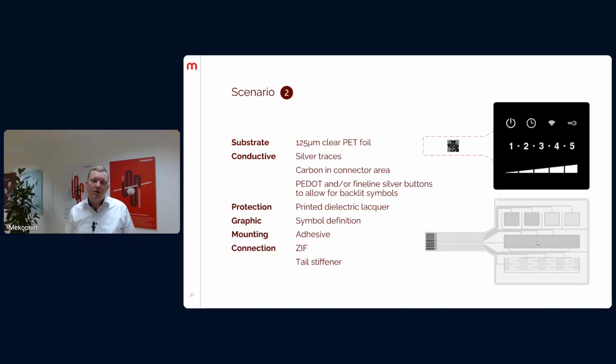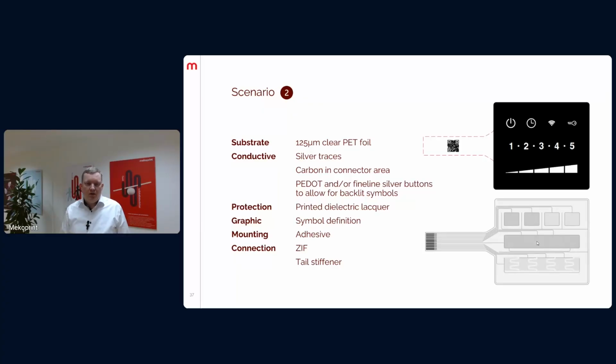So choosing again a 125 micron clear PET foil to minimize the interference with the backlit symbols. We would have printed traces to the buttons using silver, buttons printed in PDOT, and carbon in the connector area. Then we can add a printed dielectric ink to protect all of the conductive layers.